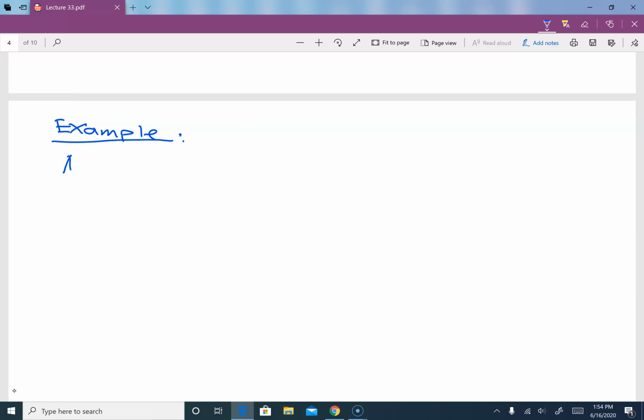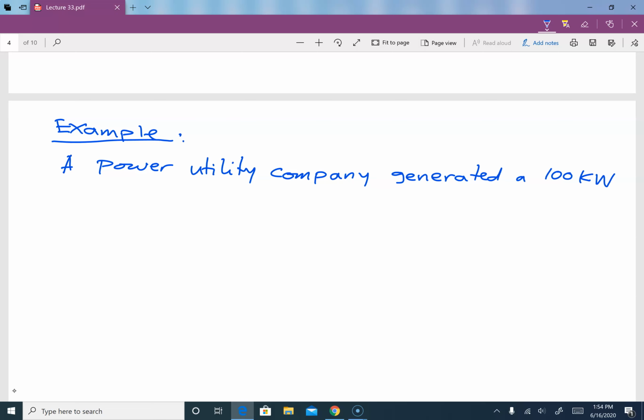The example says that a power utility company generated 100 kilowatts to supply a load through a transmission line.